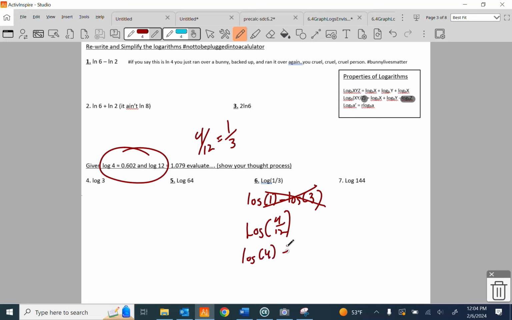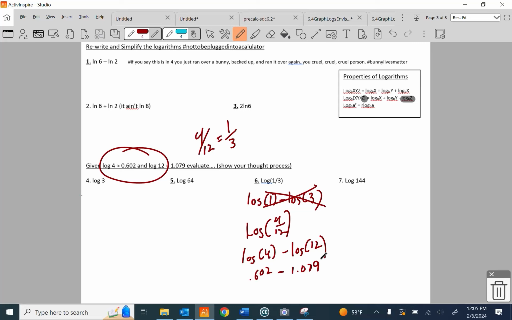Log 4 minus log 12. Log 4 is 0.602, or 602 thousandths. And I'm taking away log 12, which is 1.079. And what's that going to give you? Negative 0.477. I always kind of screw these up.